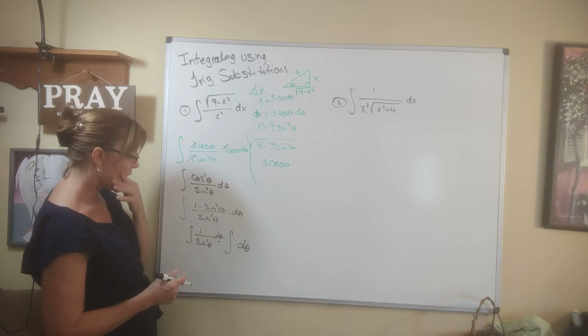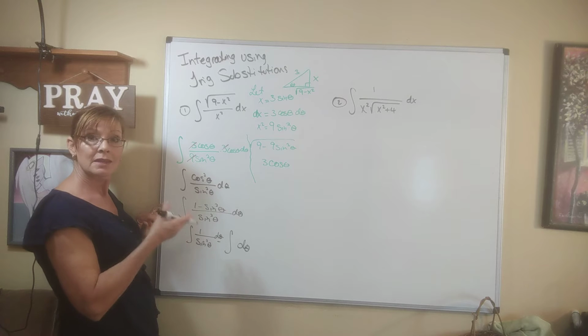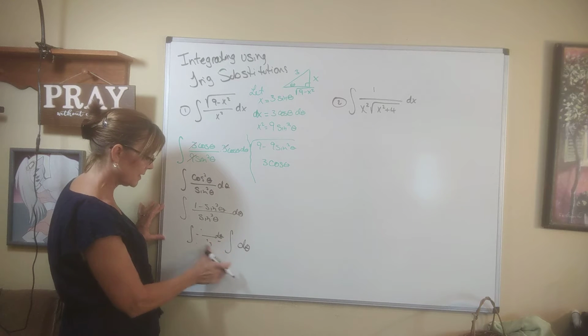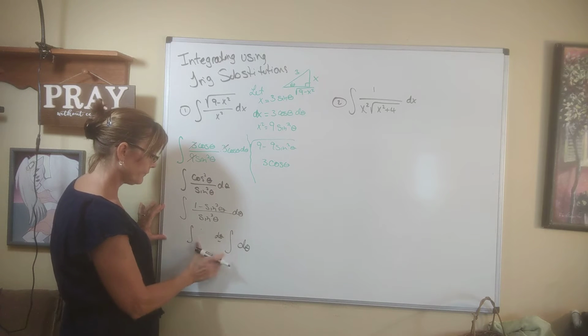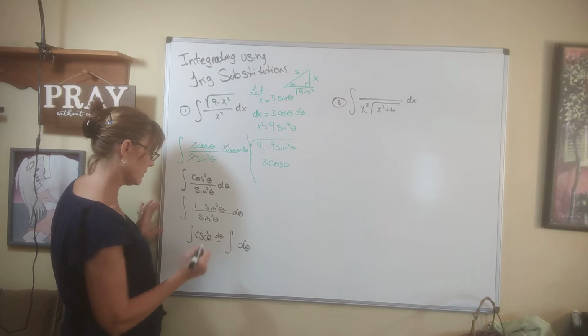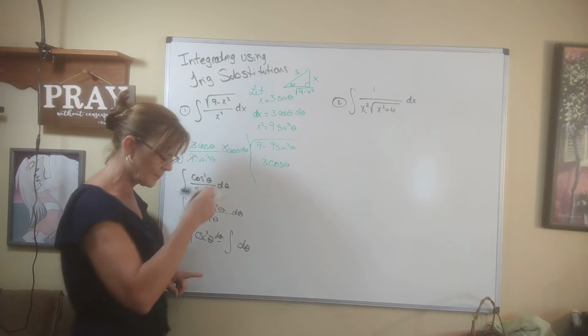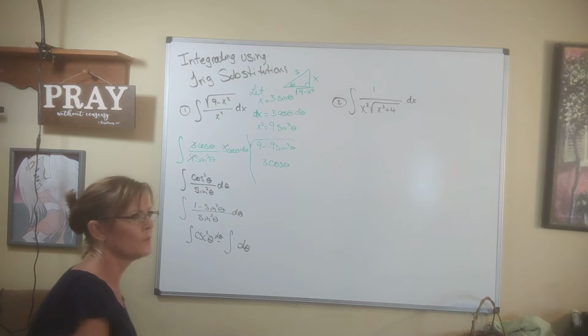Now let's integrate. 1 over sine squared theta is the same thing as cosecant squared theta. I'm going to think of this as cosecant squared of theta. Why? Because I recognize that. That's somebody's derivative, or close.